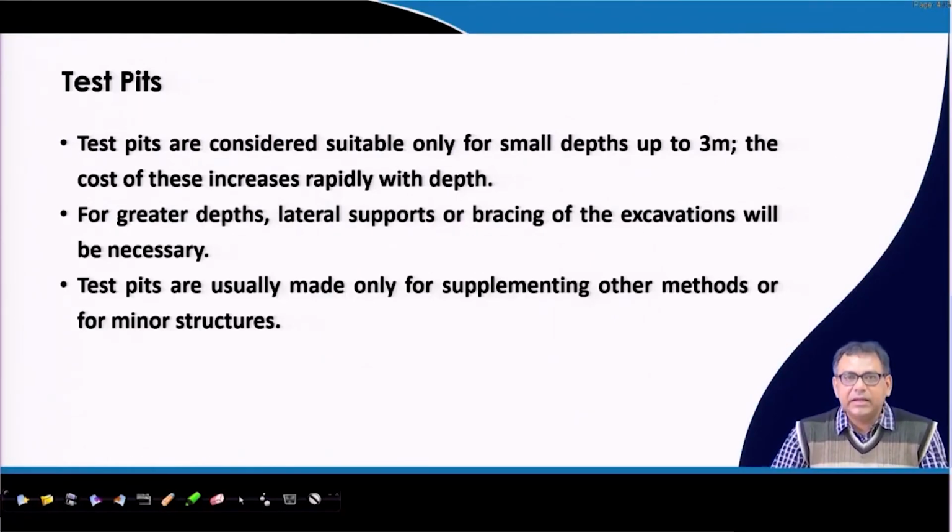This method is suitable up to a small depth of 3 meters. As the depth increases, the cost increases rapidly. So, for greater depth, you have to provide lateral support for the soil. These pits are generally used for supplementing other methods or for minor structures.